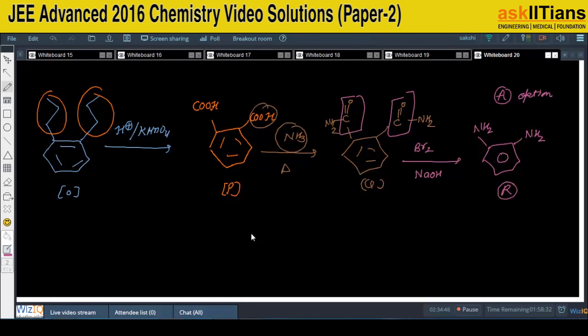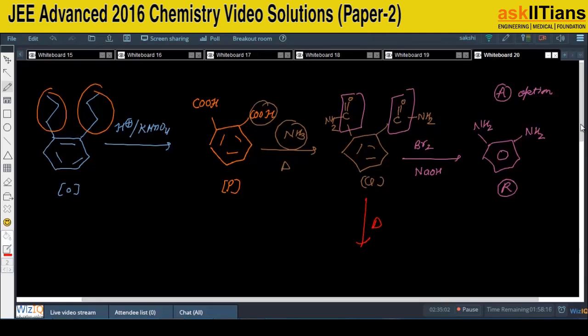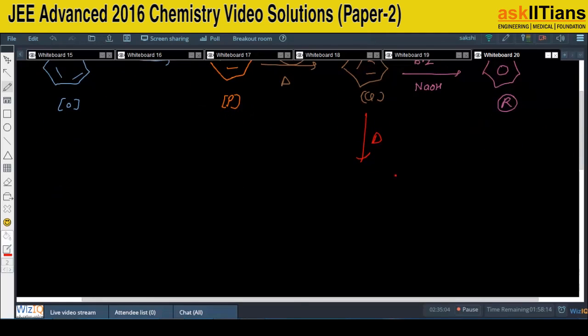Now going from Q to R is nothing but the Hofmann degradation reaction. After this we are asked that if this compound Q is heated only. Now when two amide groups are there and you heat them, there will be one benzene like this, and let me write it like this.